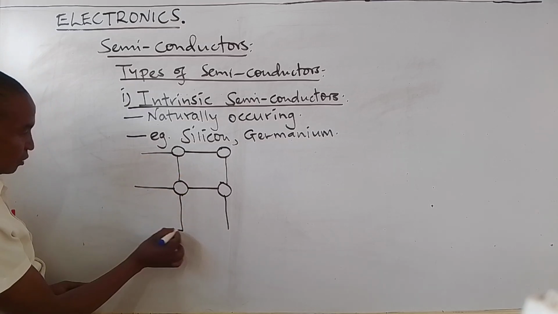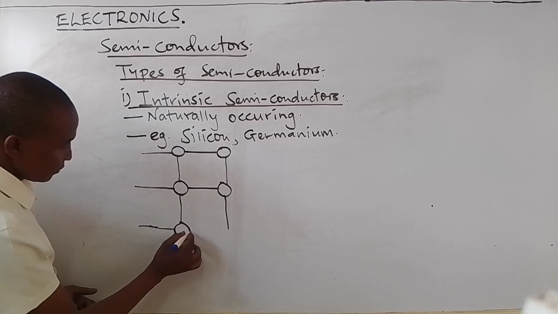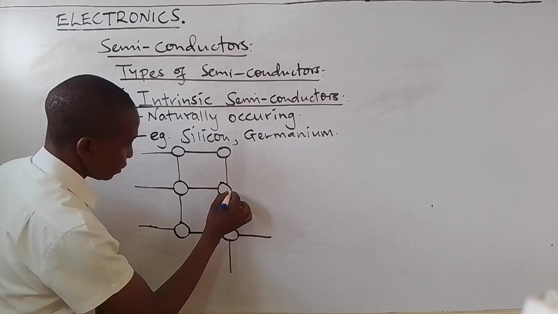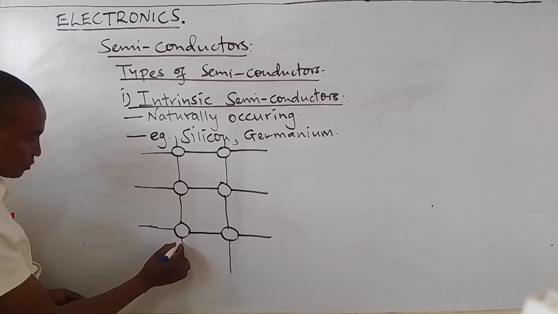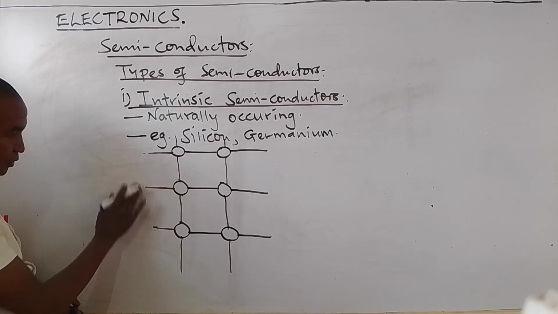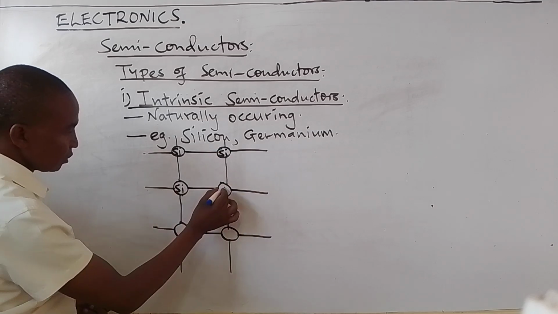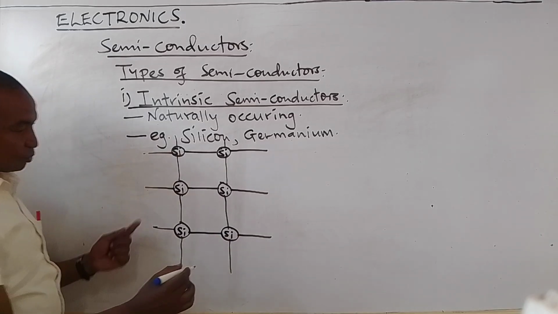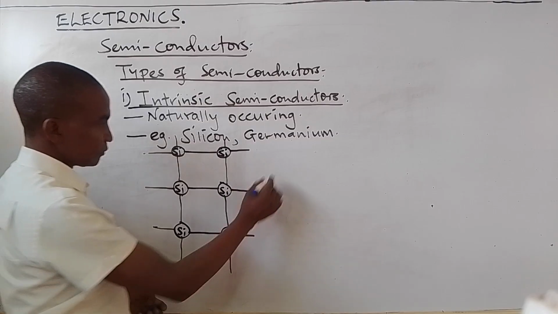So if this is a silicon crystal, we shall have an atom forming bonds with 4 neighboring atoms, like that. This is now silicon, silicon, silicon, silicon. The same case would happen to a germanium crystal.